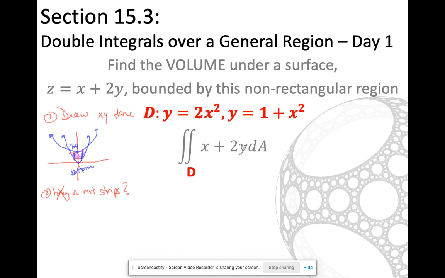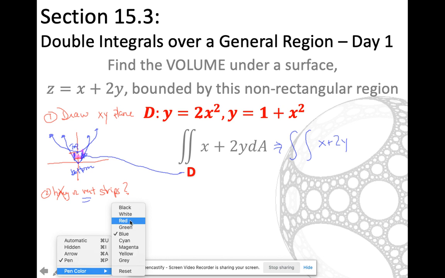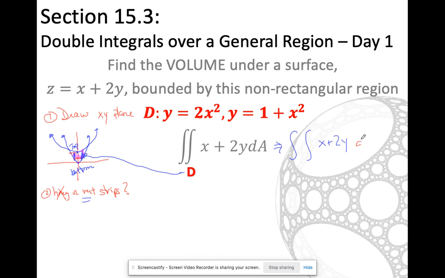So how should I write this? Right, what do I do here? I want to replace, right? I want to replace, this is my D. I've decided I'm going to do vertical strips. So the next thing I do is transform this. I transform dA into what? dy goes first, dx goes second.